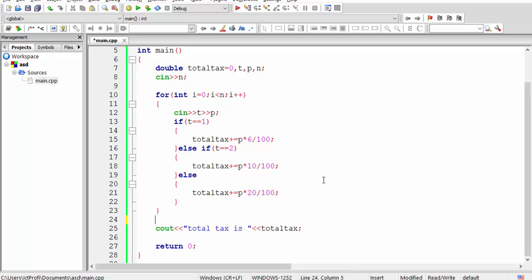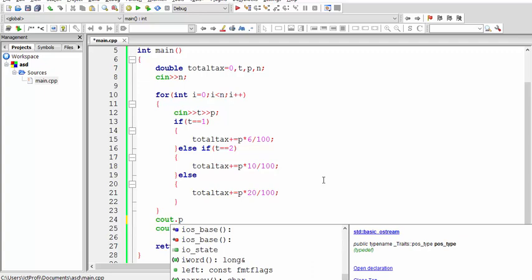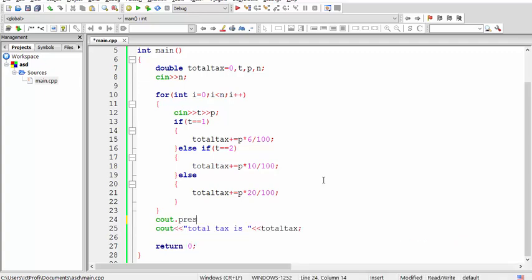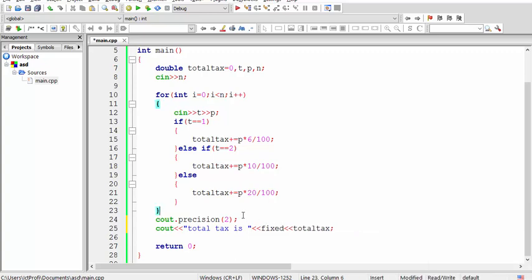Say the result is 25.26 or something like that, you can show this with cout dot precision and 2, only 2. And after that you're going to place here fixed, and it's going to show 2 decimals after the number.